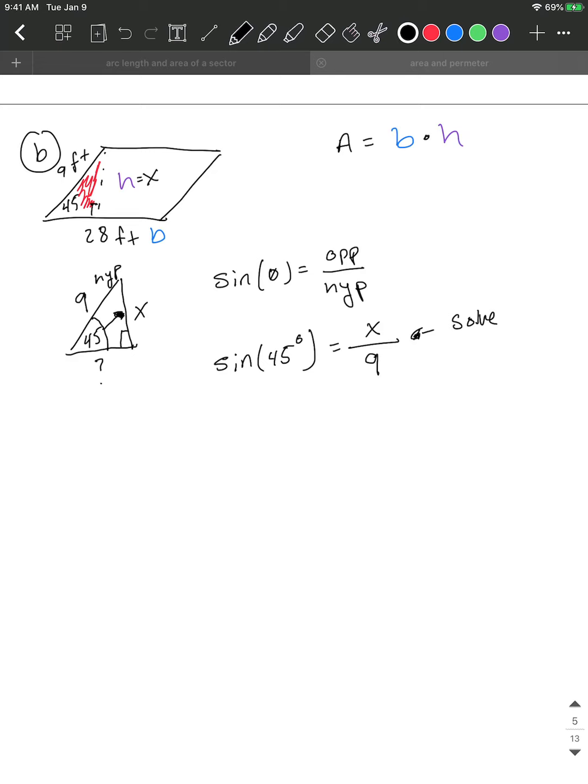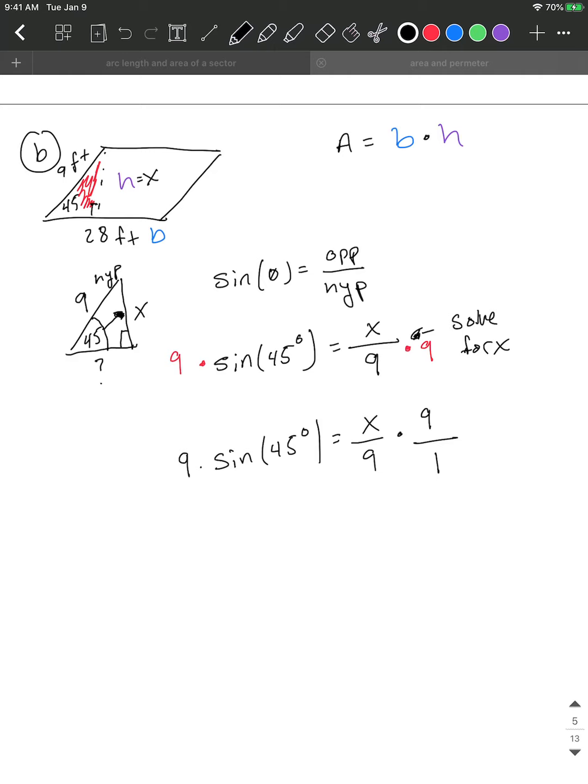So what we'll do is multiply by 9 onto both sides. Remember, whatever you do to one side, you have to do to the other. So what this actually looks like is that we have 9 times sine of 45 degrees is equal to x over 9 times 9. And remember, there is a division by 1 in case you want to see that.